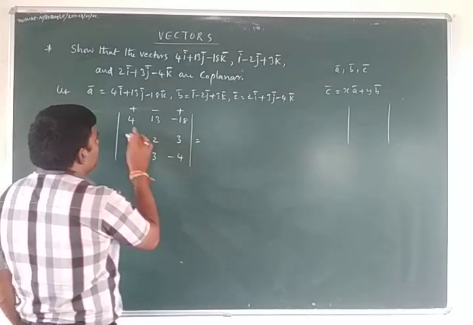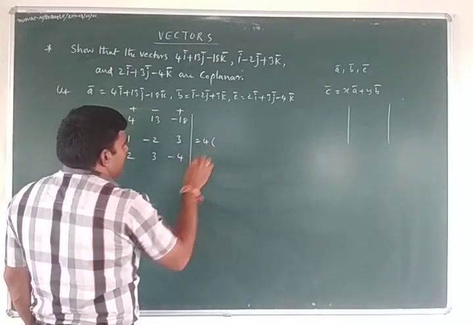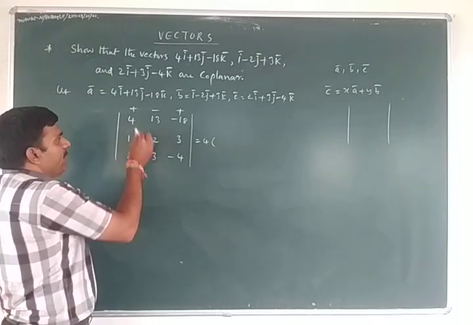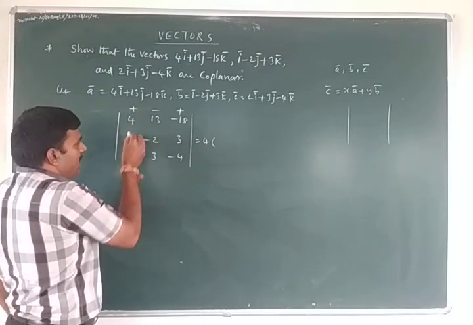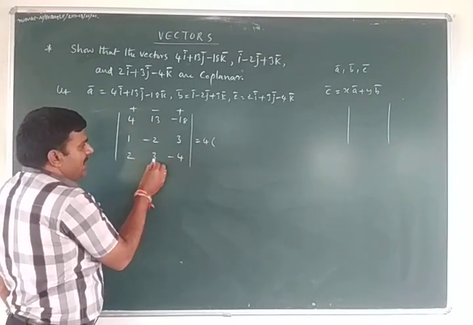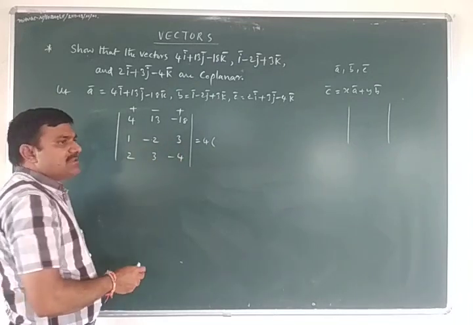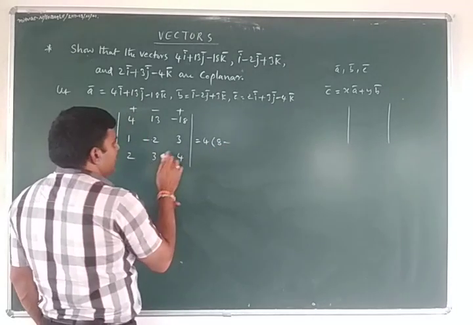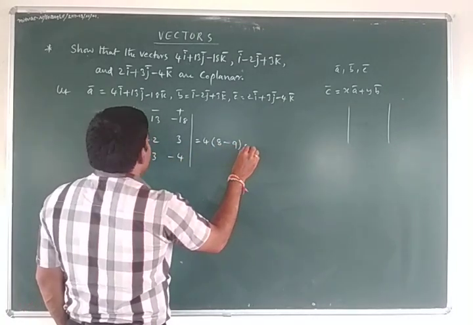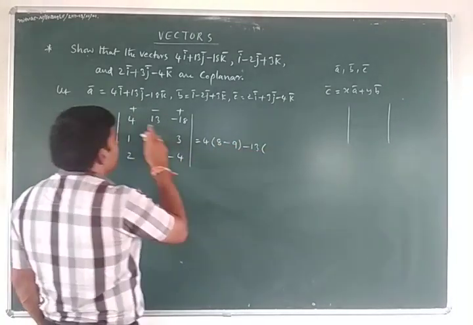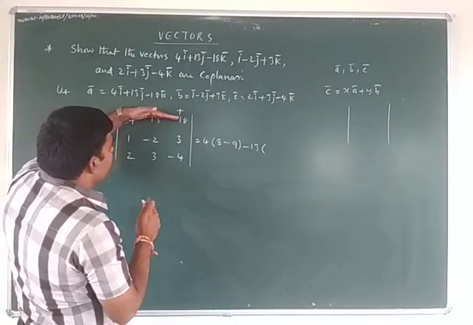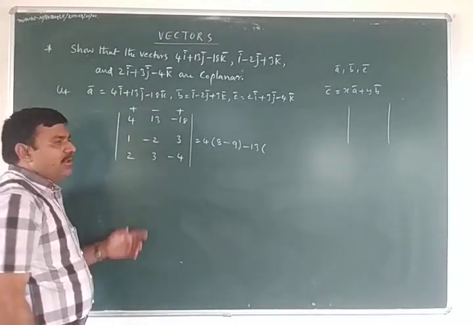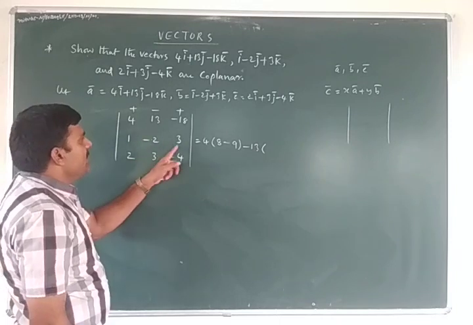So this is equal to 4 into the determinant of the 2 by 2 matrix. For 4, remove its row and column; the remaining is AD minus BC. So 8 minus 3, that is 9... Minus 13 into the remaining after removing the 13 row and column: AD minus BC.